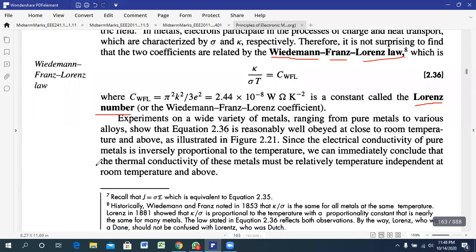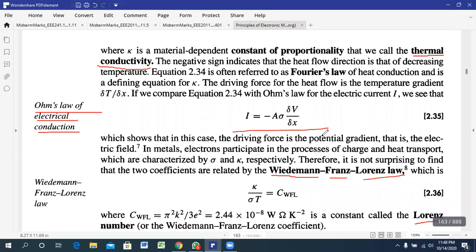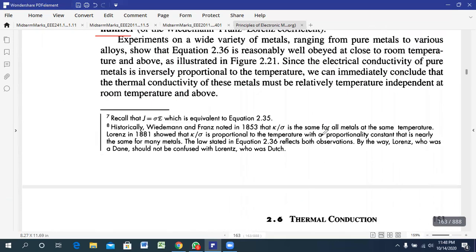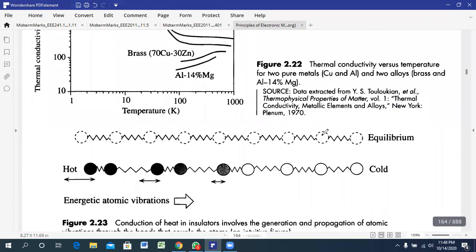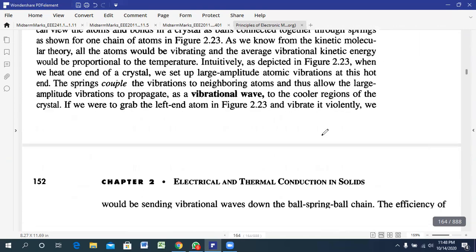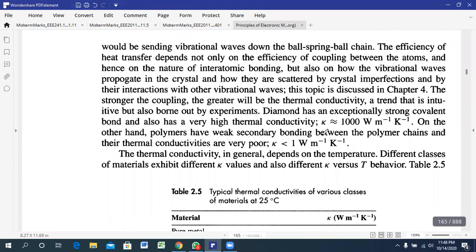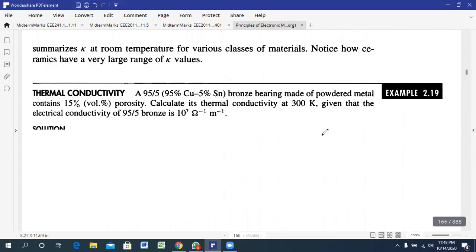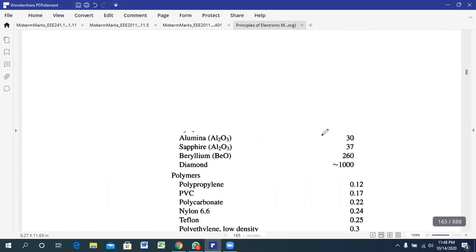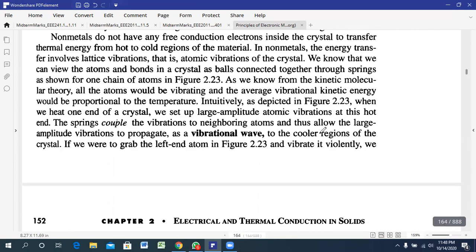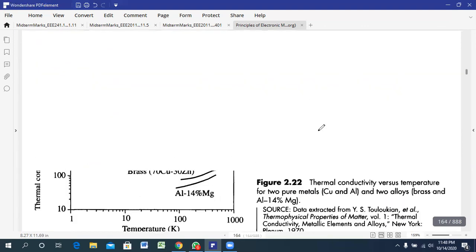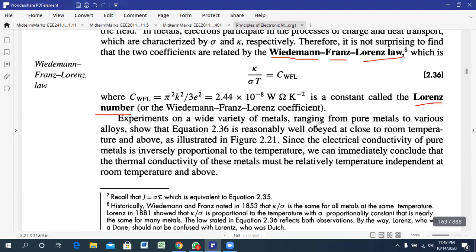Now, if we compare Ohm's law and Fourier's law, what can we conclude? Sorry, before that I need to discuss another thing. Here they have discussed the conduction of copper electrons.